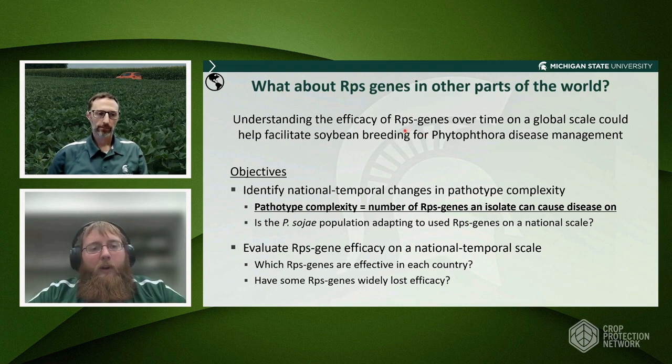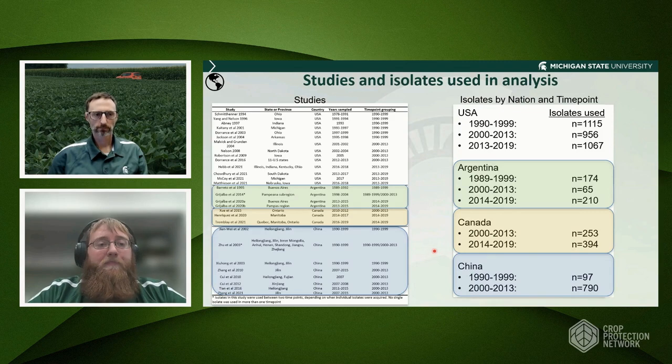So what I'm doing here is we are taking the last 30 years of these pathotype survey data from individual states in the US, individual provinces in Canada, states in Argentina and China, and we're looking at that data to identify when and where these resistance genes' efficacies start to wane and not be effective. So a lot of this is reading the reports and the papers and taking that data down in a usable format so that I can look at it all together.